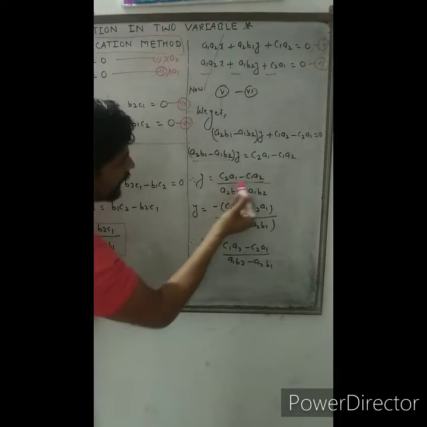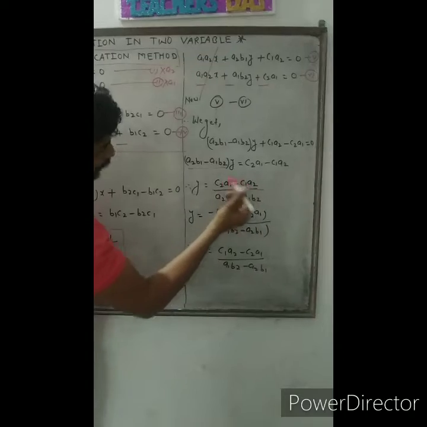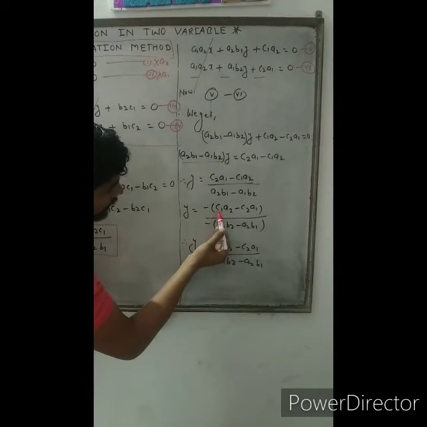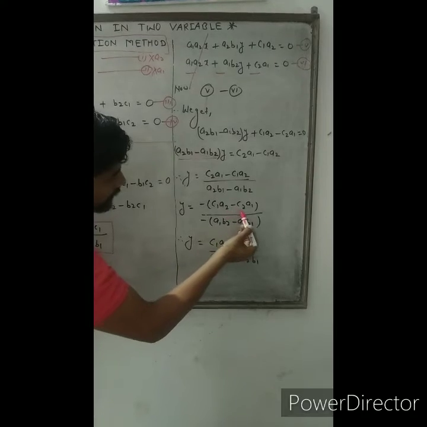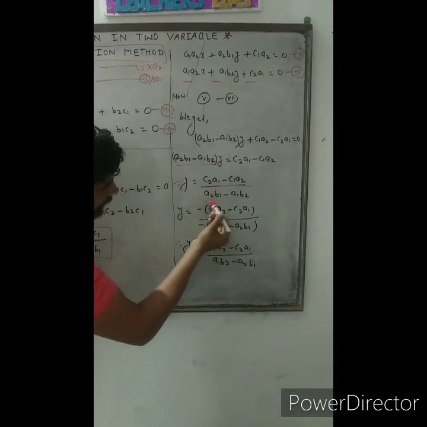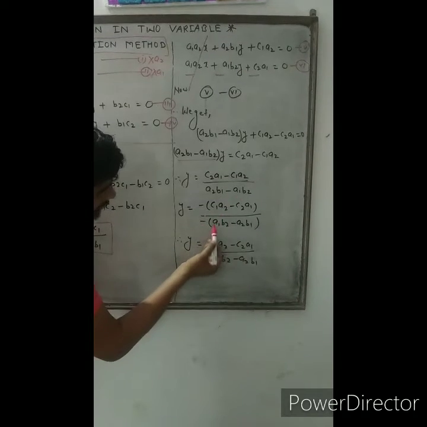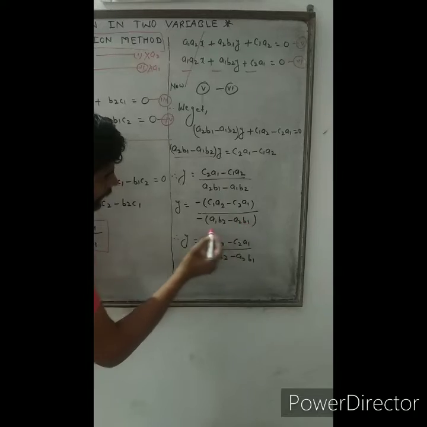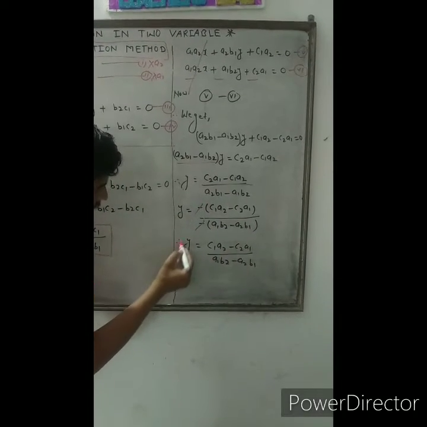Now we take minus common from the numerator and denominator also. Then it is changed into c1 a2 minus c2 a1. And when we take the minus sign from the denominator, it is a1 b2 minus a2 b1. Now minus minus cancel out.